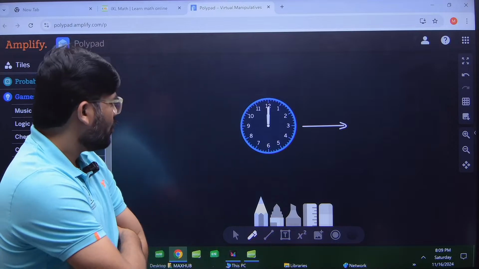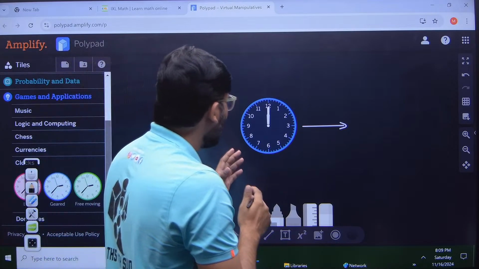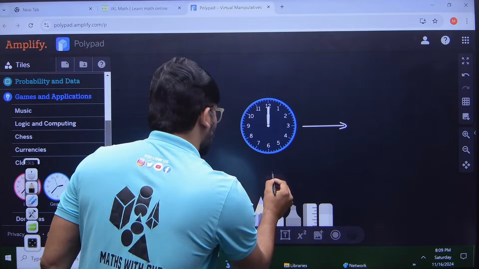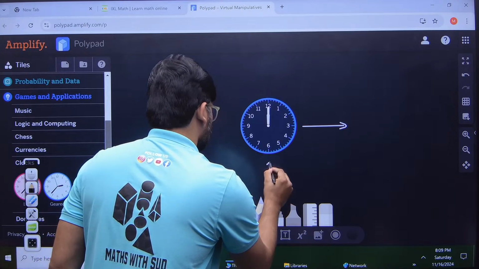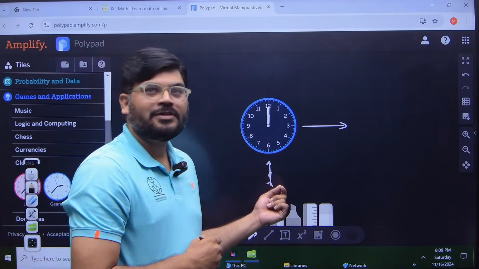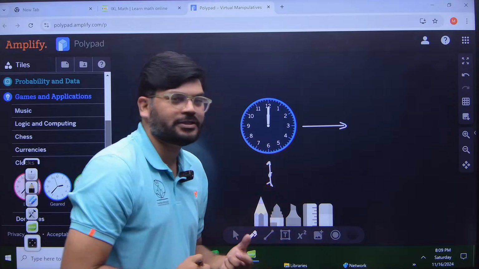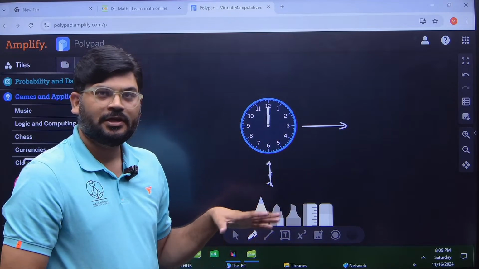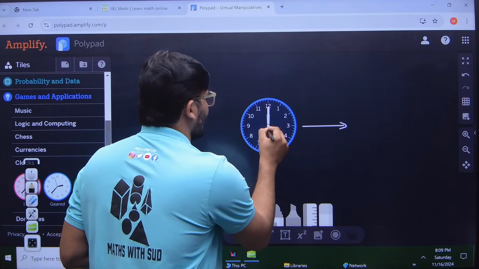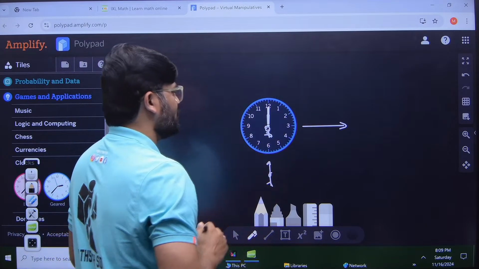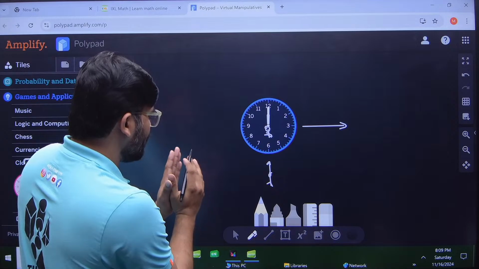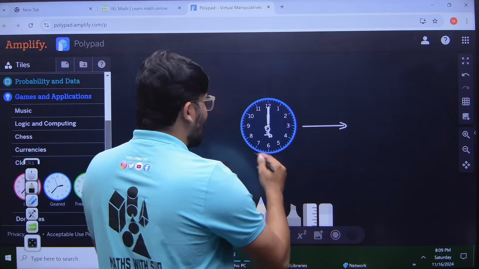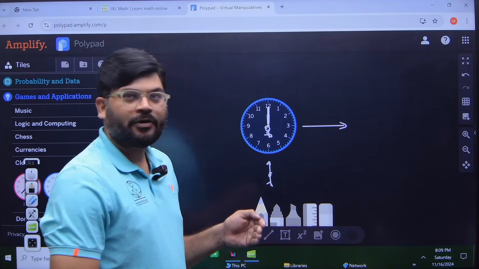If I have to say it in clock code, and I am sitting in the middle of it, what time is this? This is 3 p.m. So we will say look at 3 p.m. from my end. Are you getting it?